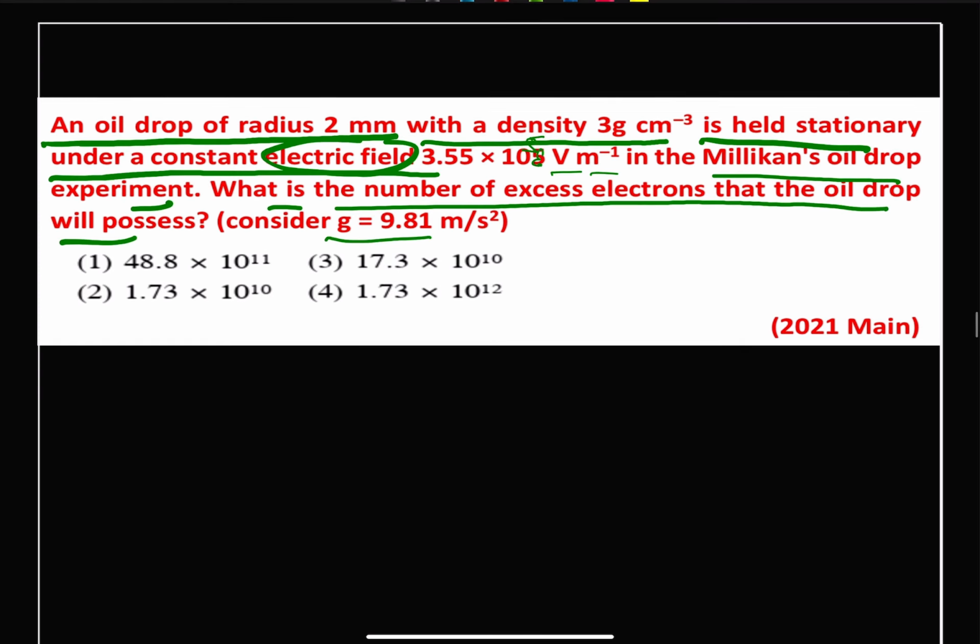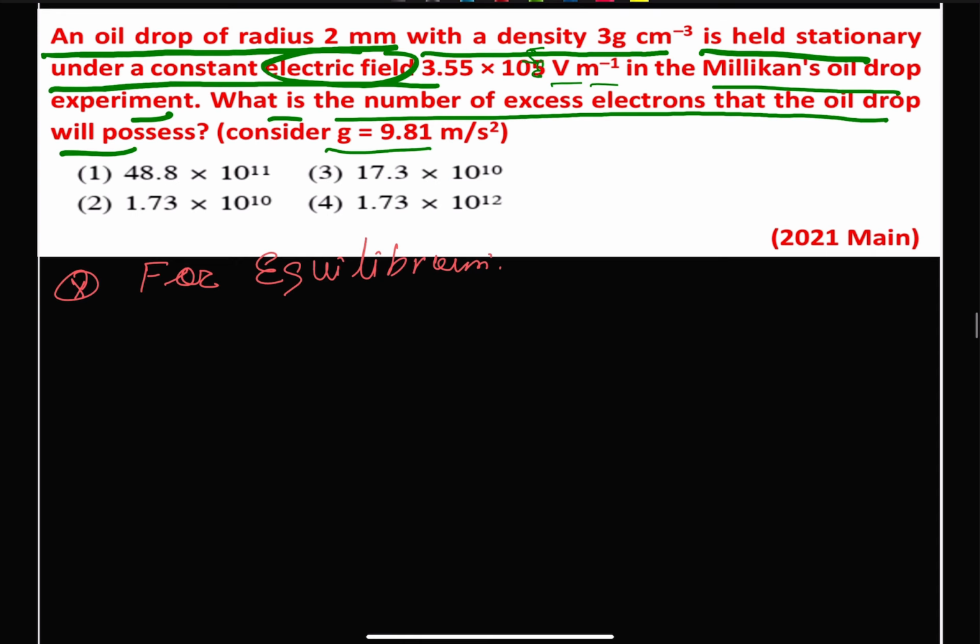So we can say for equilibrium, electric force is equal to gravitational force.